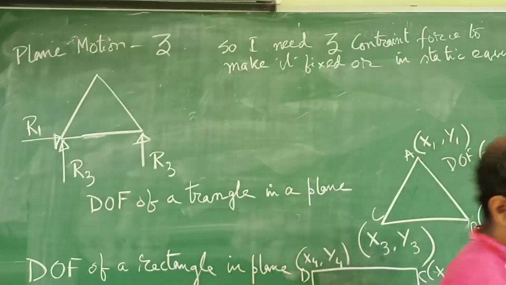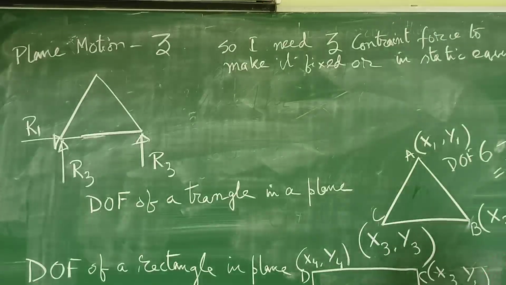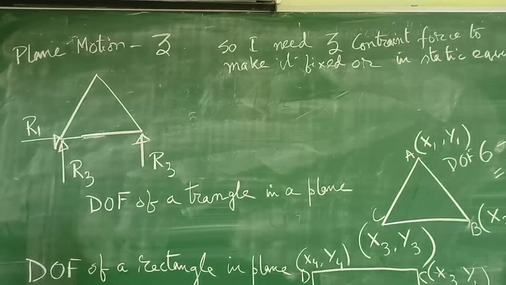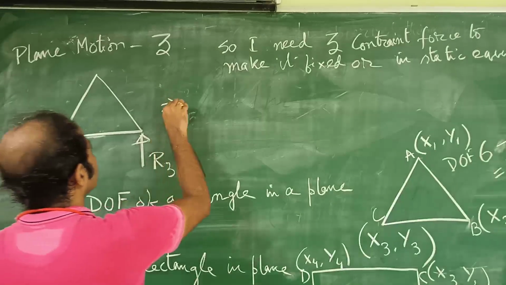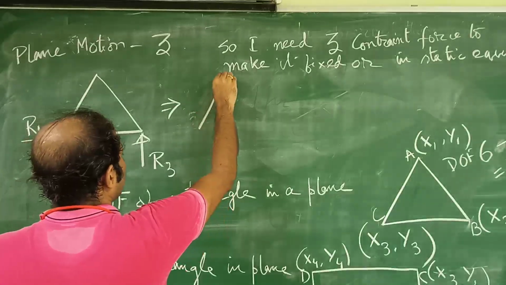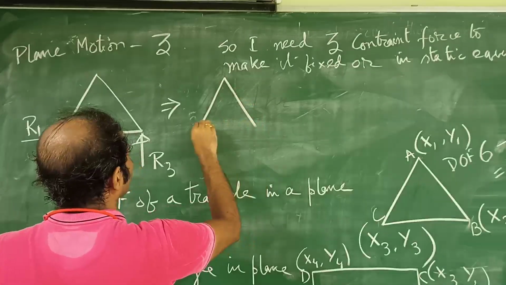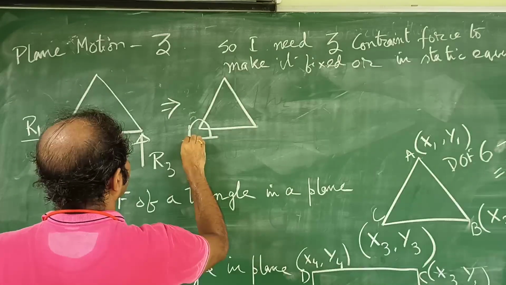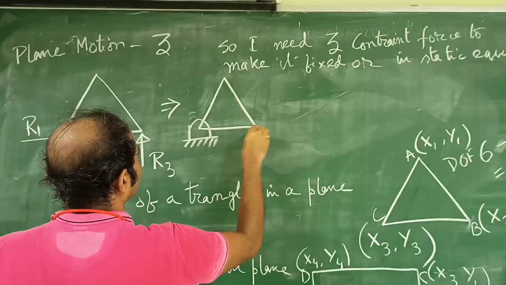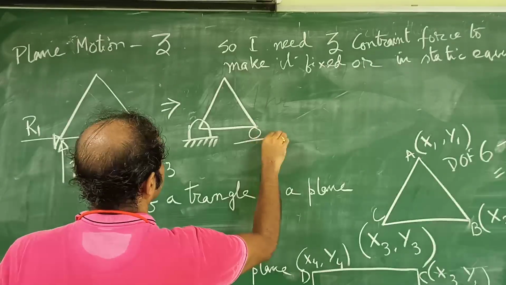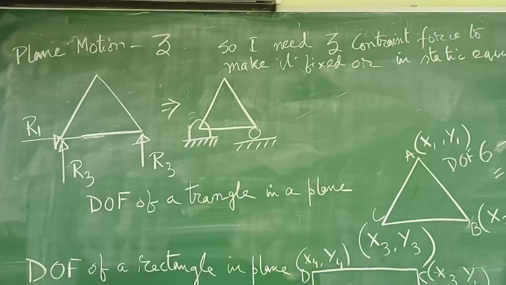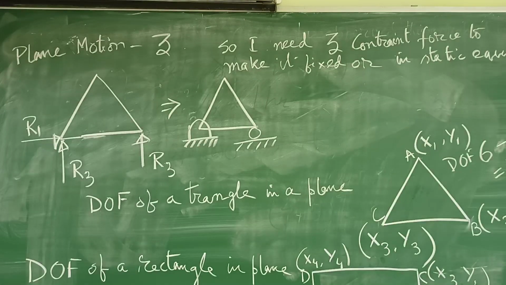Now look, these 3 constraint forces are sufficient to place the triangle in a plane. Equivalently, you can draw this triangle somewhat like this, and it is having a roller support. Yeah, is it so?